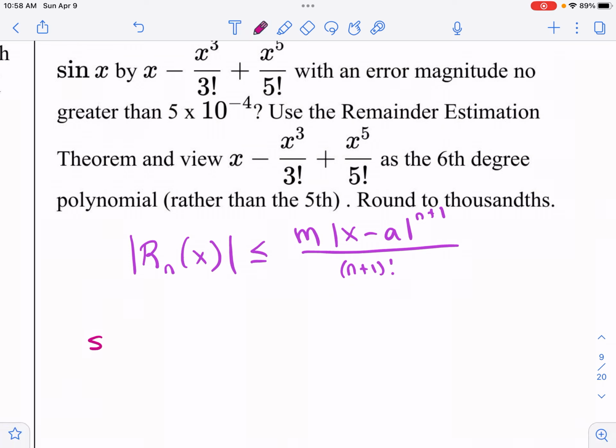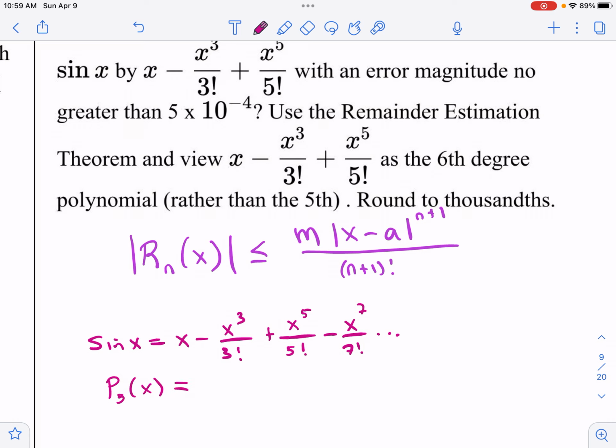Let me just remember, sine of x can be represented as this infinite Maclaurin series, and you notice all of the even degrees are gone, etc. So if I said write down the 5th degree polynomial, that's what you see above. Just stop at the degree 5.